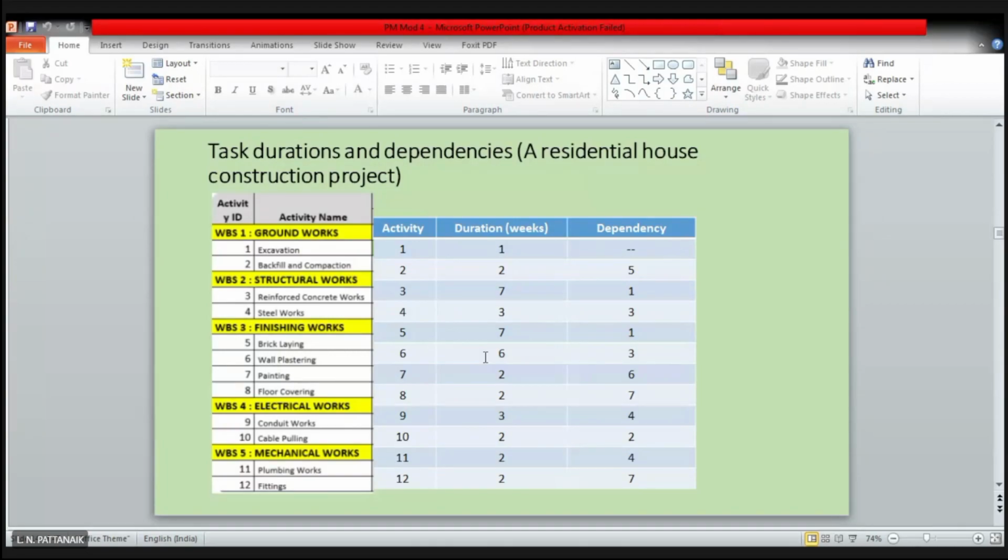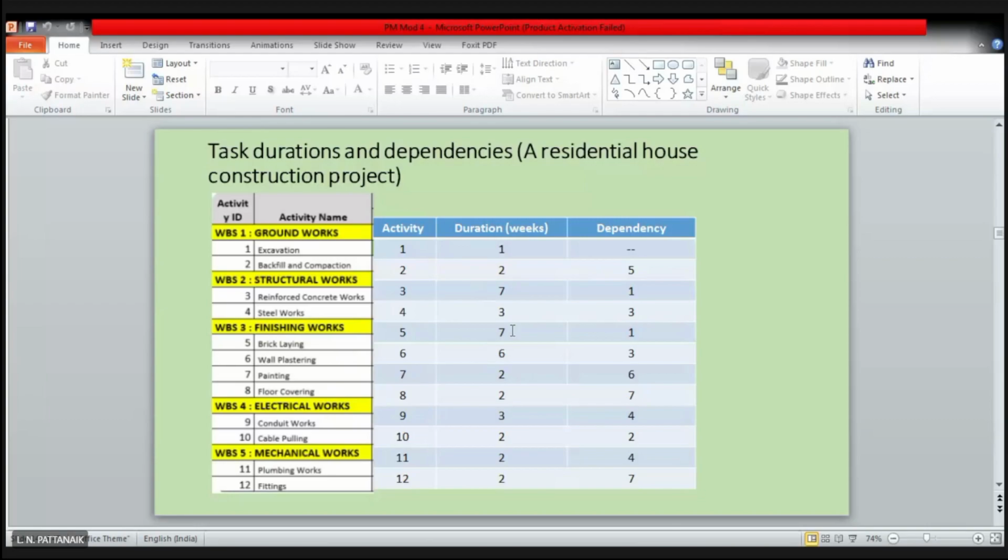That's why for activity 2, the dependency marked is 5. Technically, after bricklaying, we can fill that foundation, and we can also do the compaction. You will use some kind of pressure tools to make it compact, and that's it. So that is activity 2.